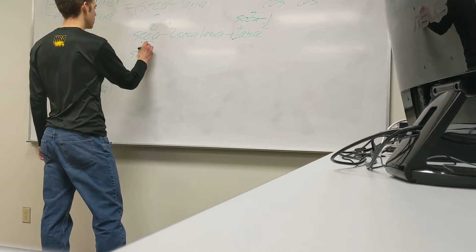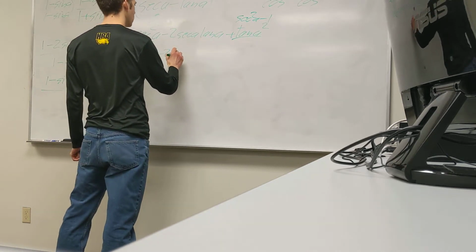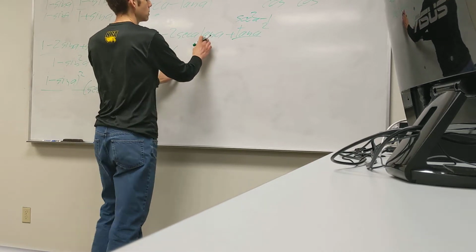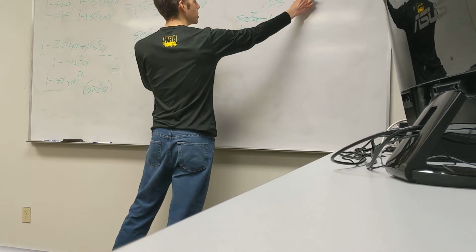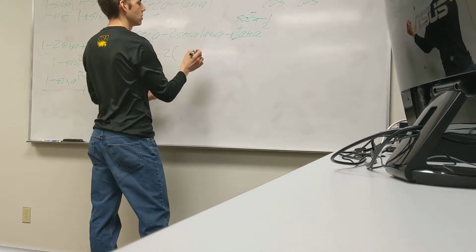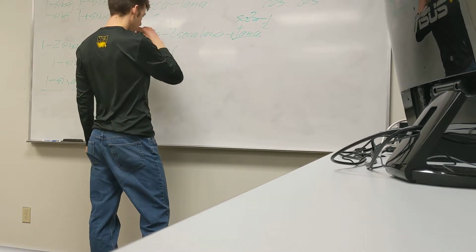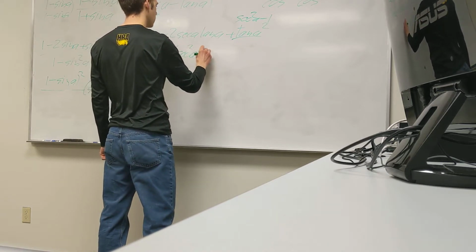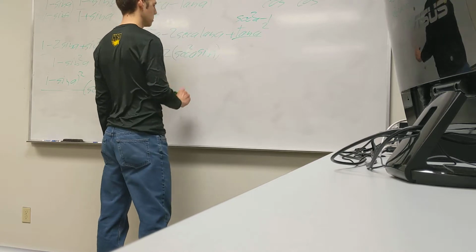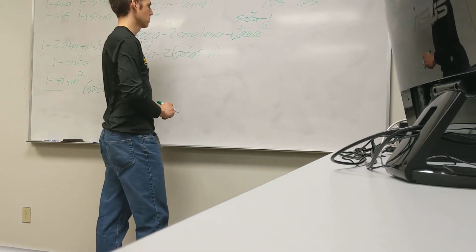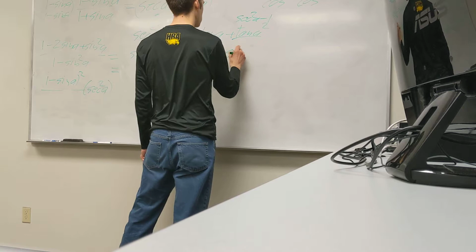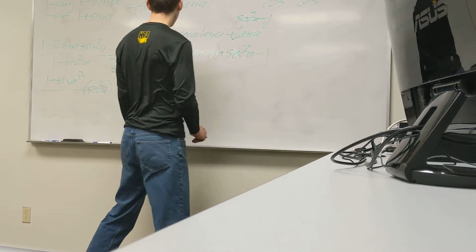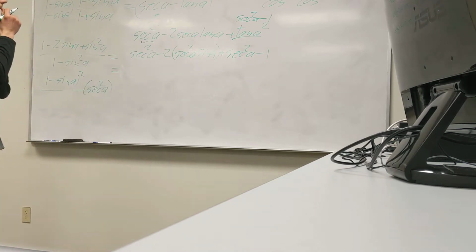So I'm going to get secant squared A minus 2, and then secant times tangent is sine over cosine squared, or secant squared A sine of A, right? And then plus secant squared A minus 1. Oh, so what do I have here now?